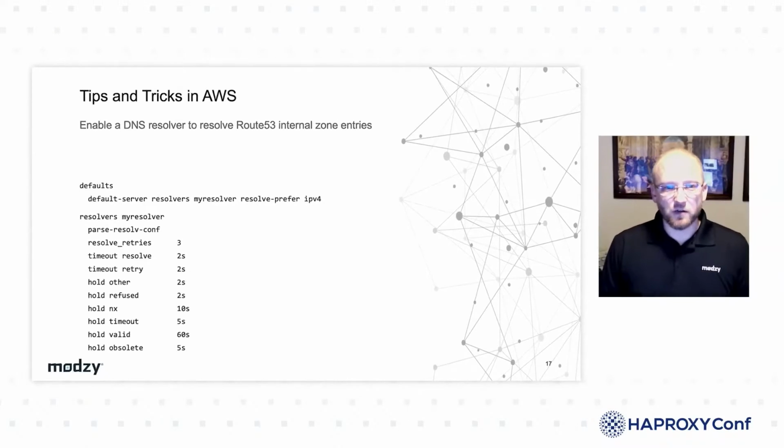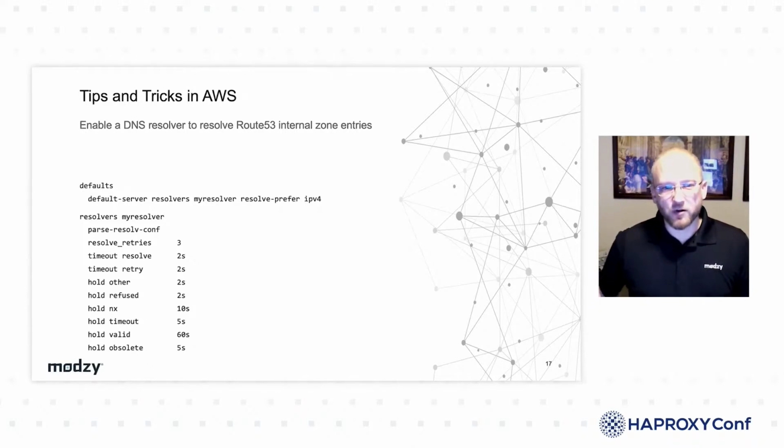The first is to enable a DNS resolver to allow HAProxy to use the Route 53 internal zone for resolving its backend calls to your services. It's pretty straightforward. In your defaults, you add a named resolver, and then in the resolver, the important one there is parse-resolv-conf.